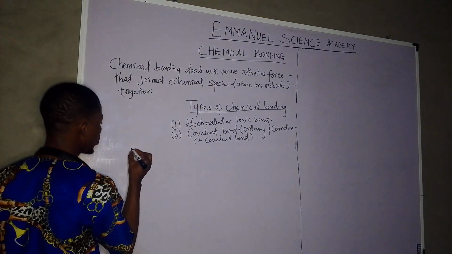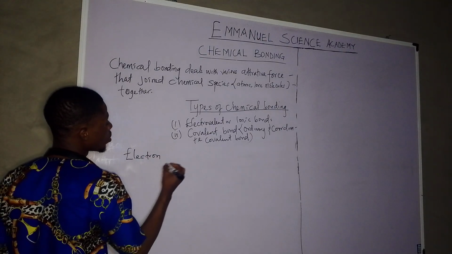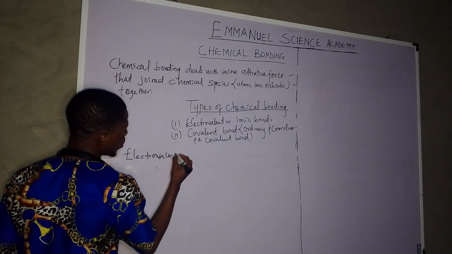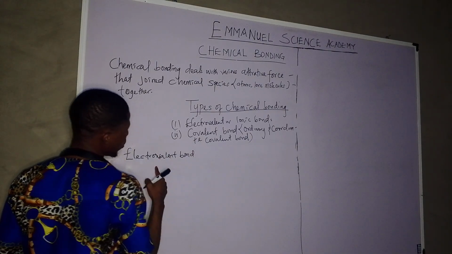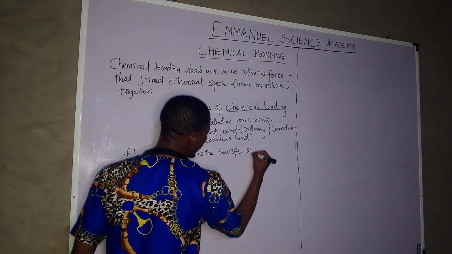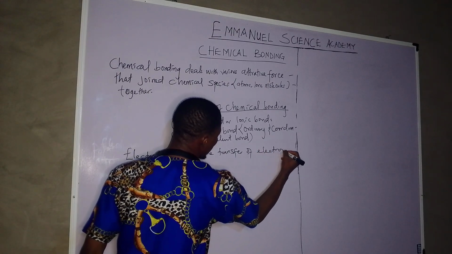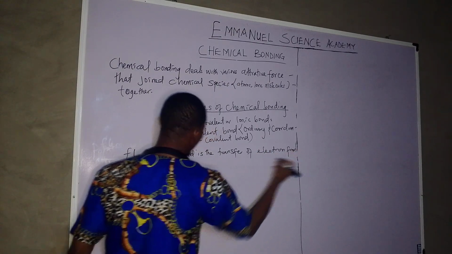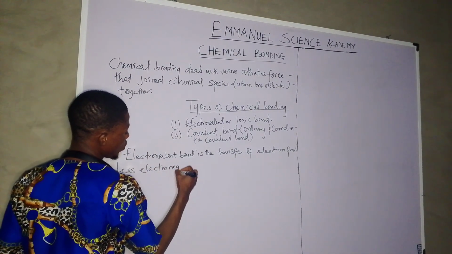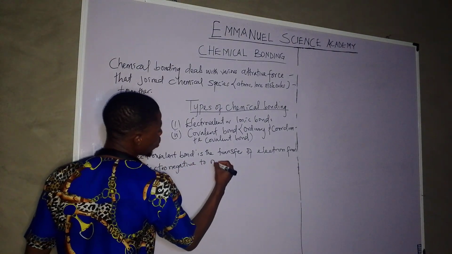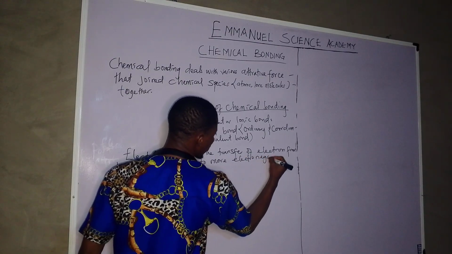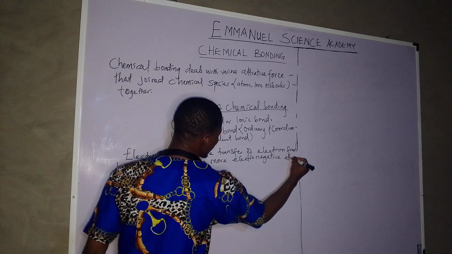So an electrovalent bond is the transfer of electron from less electronegative to more electronegative atom.